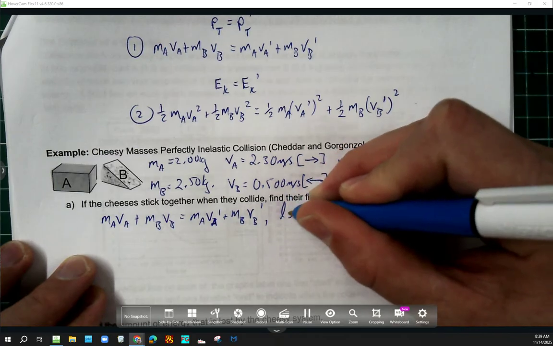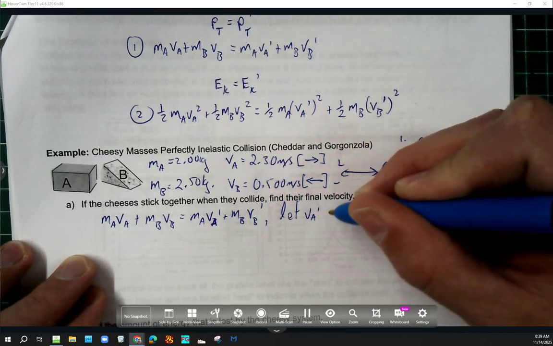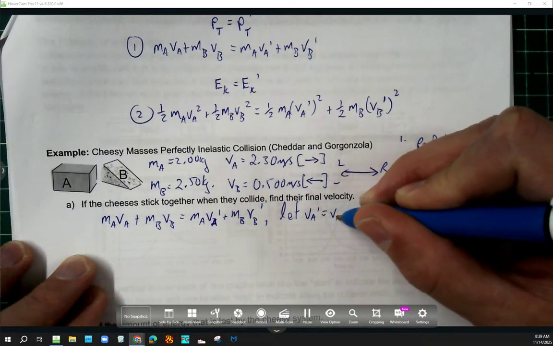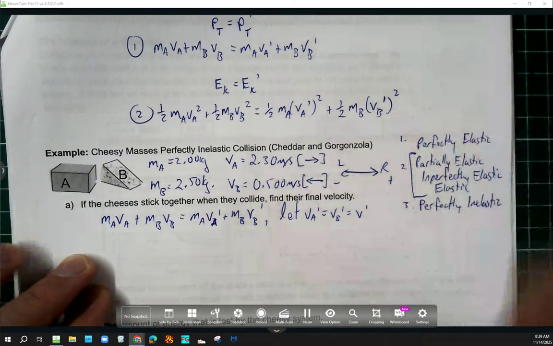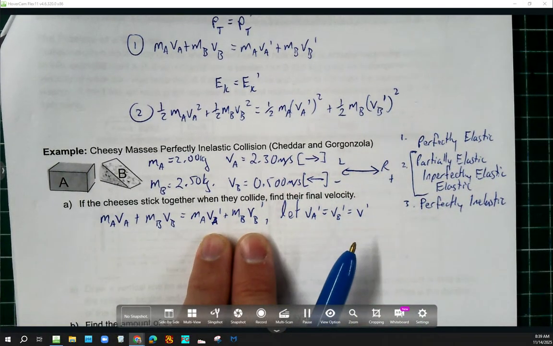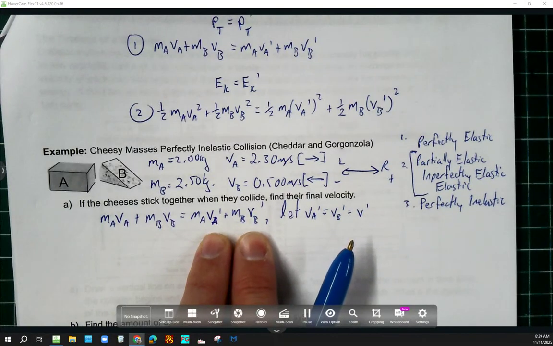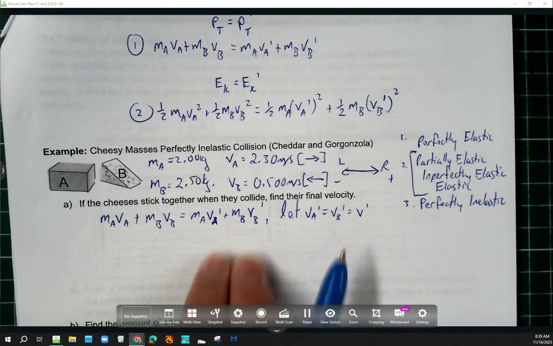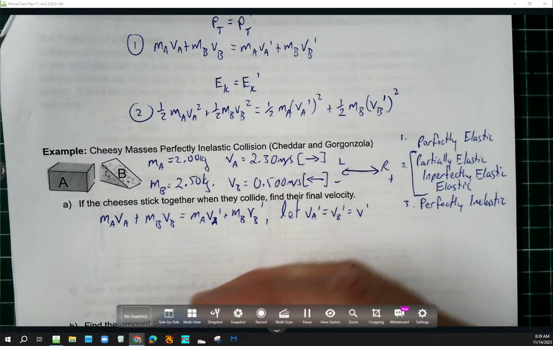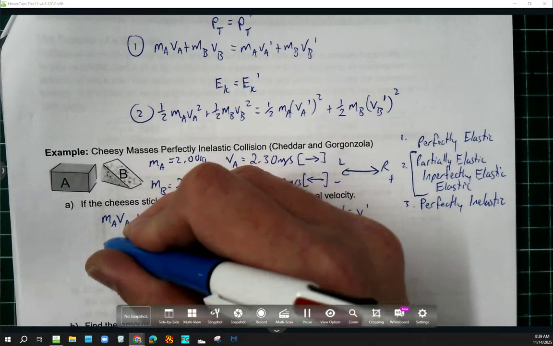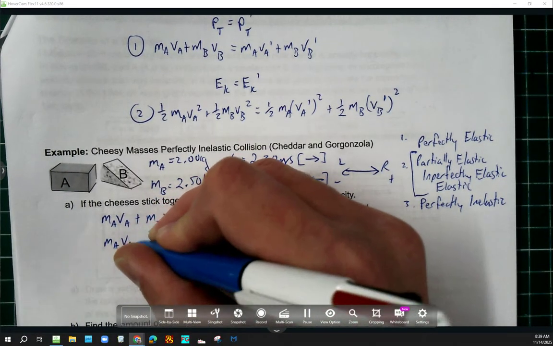And we could just say let VA primed equal VB primed equal V primed. The reason that we would do that is if they stick together, the VA primed and the VB primed are going to be the same value, right? We kind of developed that yesterday, but I just want to make sure that we can see where it's developing from in the context of cheeses.